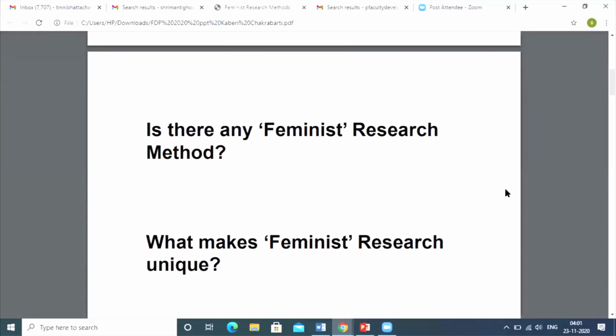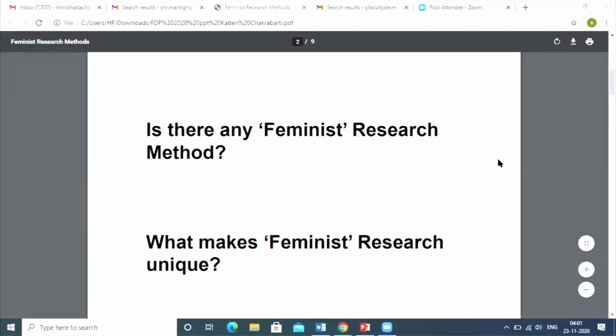Challenges in feminist research are actually to be understood in the light of this debate on methods, methodology, and this prefix, feminism or feminist itself.